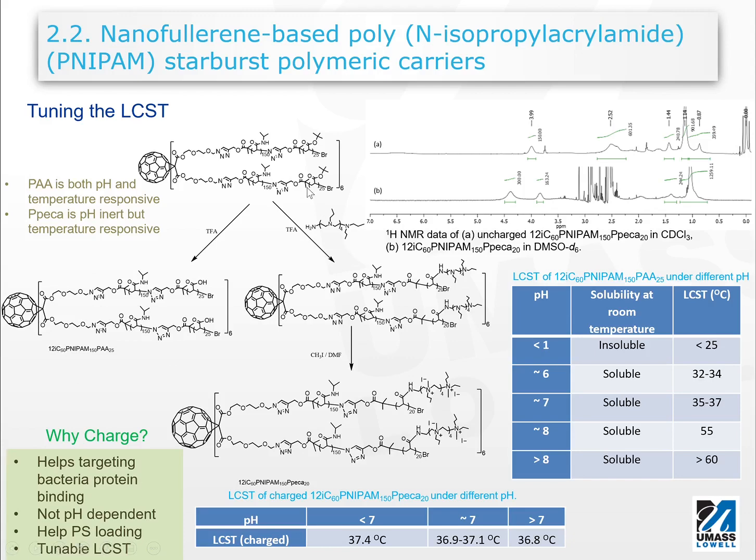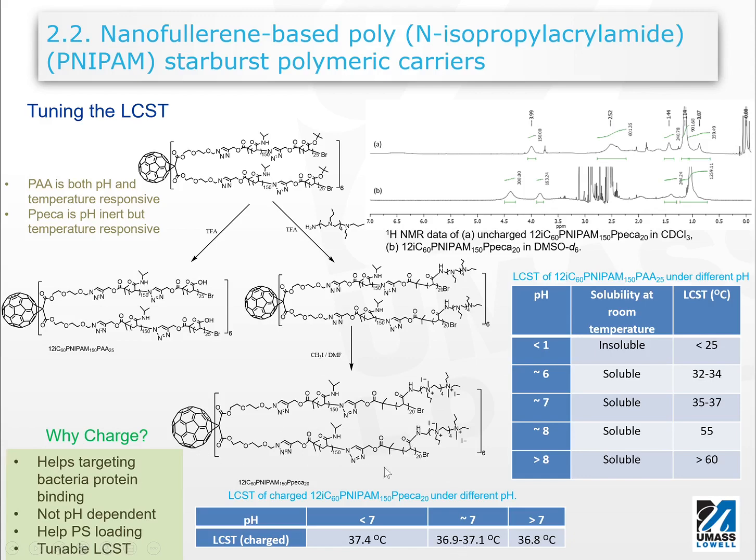And the second thing we did is we tried to change this terbutyl group into our cationic amino charged chain, and we find out that under the ratio between Nippon group 150 units and the cationic chain group about 20 units, we will have LCST tuned to about 37 degree.